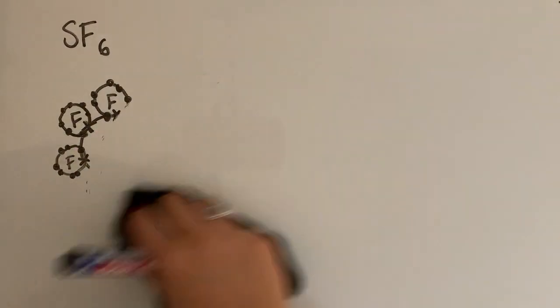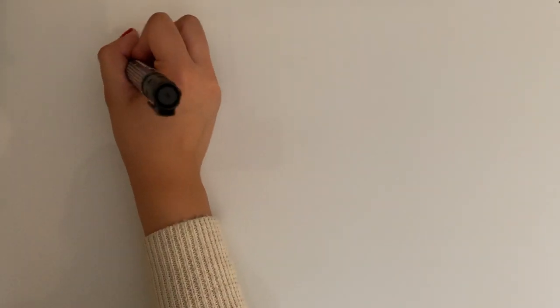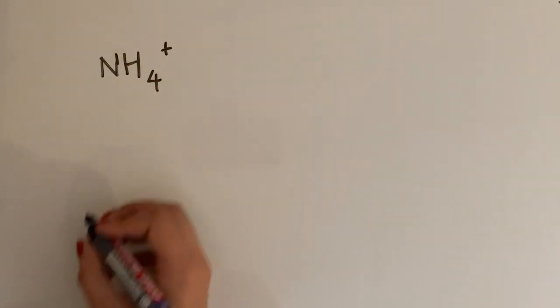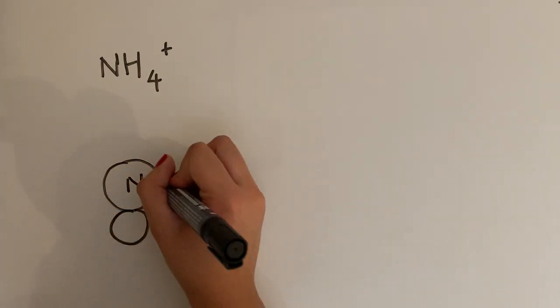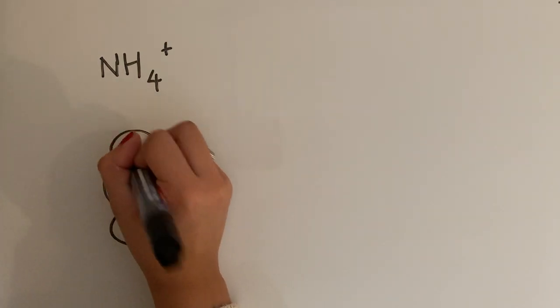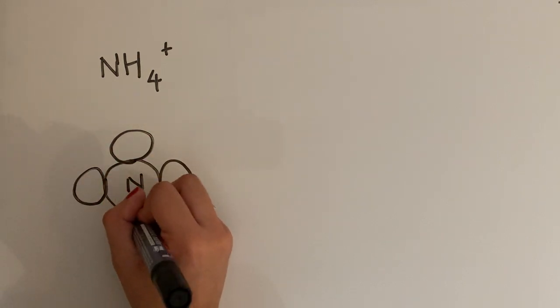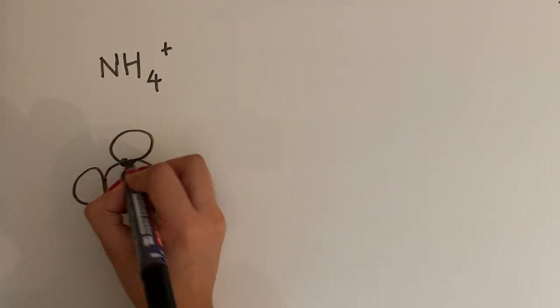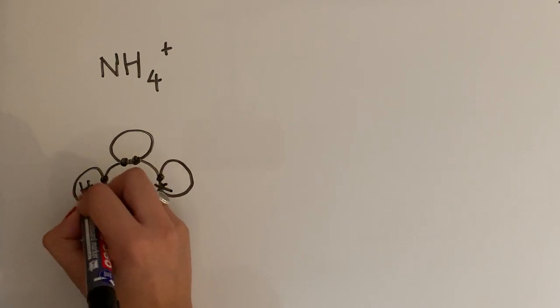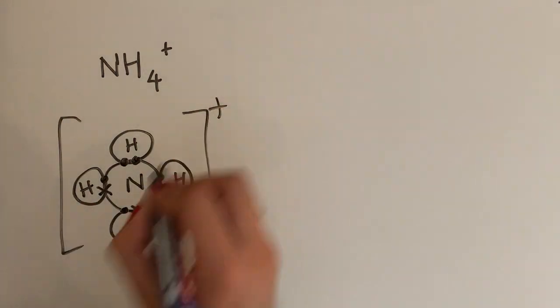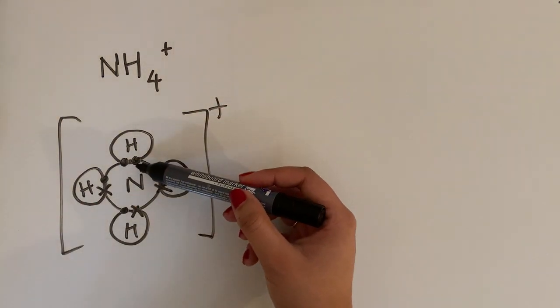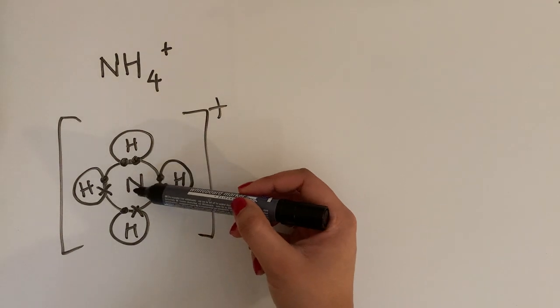So for example, you can also do this with polyatomic ions as well. So I'm just going to do that as an example. If we have NH4+, which is our ammonium ion, if I draw the dot and cross diagram of an ammonium ion, okay, if you remember, this is a dative covalent bond, so both the electrons here have been provided by the nitrogen.